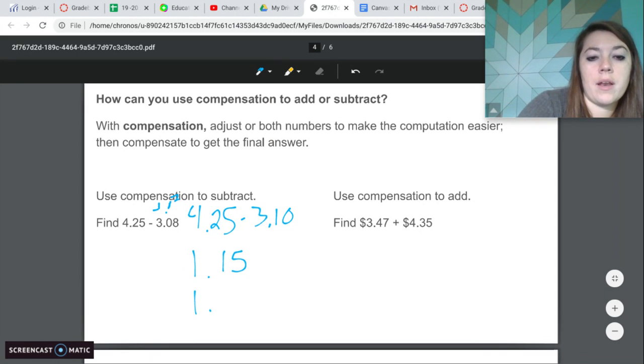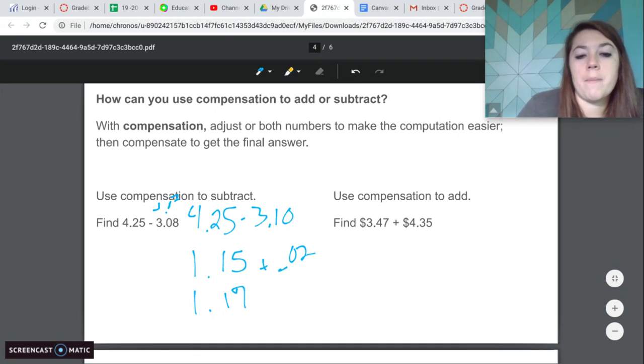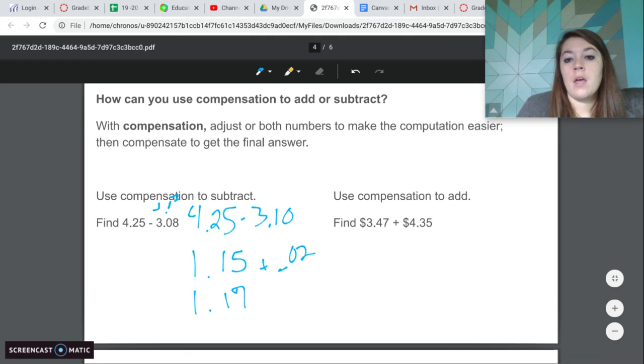So it's going to be 1 and 17 hundredths, because we have to add the 0.02 from our compensation to it. Compensation can sometimes end up with more work, because you have to go back and find what the actual answer should be based on adjusting your answer. But it can make it easier in the long run. You just don't want to change your answers too much.